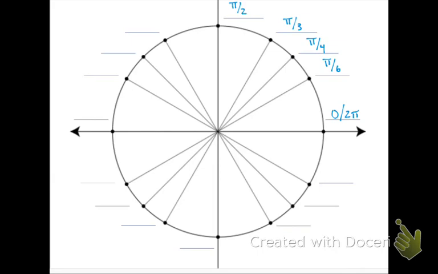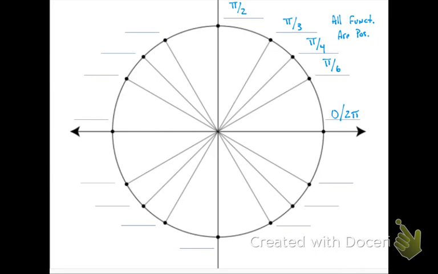In this case, whenever we deal with anything in quadrant 1, remember that all functions are positive. Sine, cosine, tangent, everything's positive.